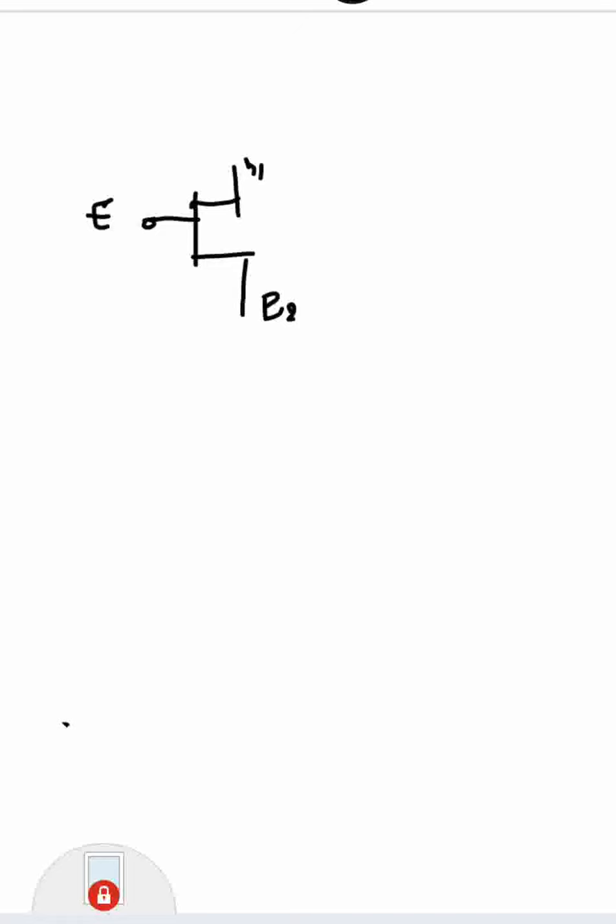The idea is very simple. We know that when the voltage across the emitter and base junction reaches VP, the UJT will trigger. So to supply that voltage, first I will use a capacitor across this emitter and base junction.